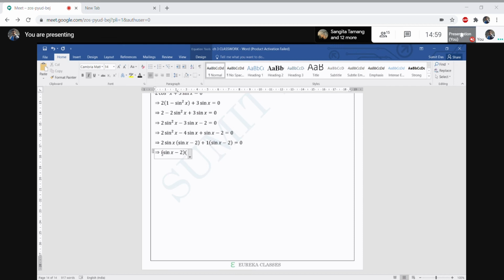What will be left is 2 sine x plus 1 equal to 0. The next line: either this equal to 0, or this equal to 0.